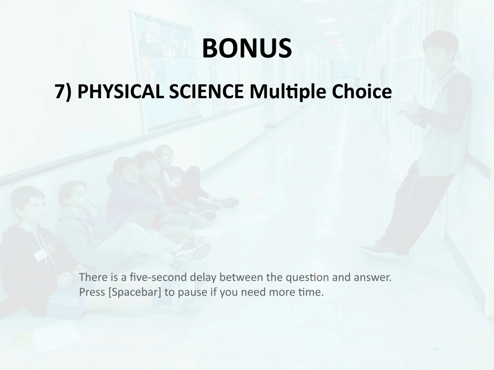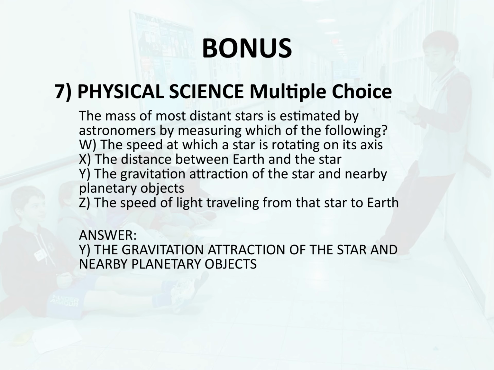Y. The gravitational attraction of the star and nearby planetary objects. Z. The speed of light traveling from that star to Earth. Answer. Y. The gravitational attraction of the star and nearby planetary objects.